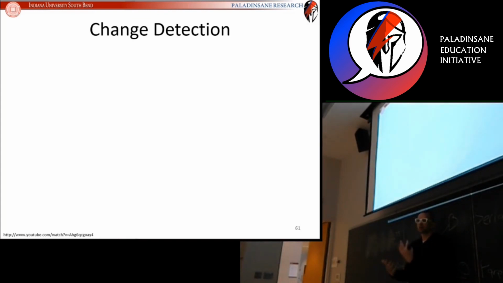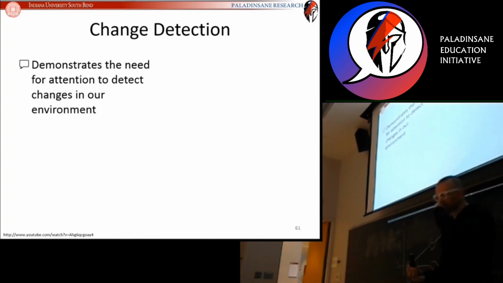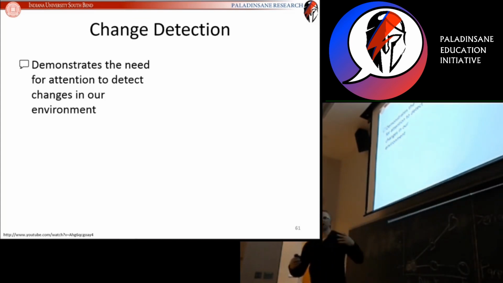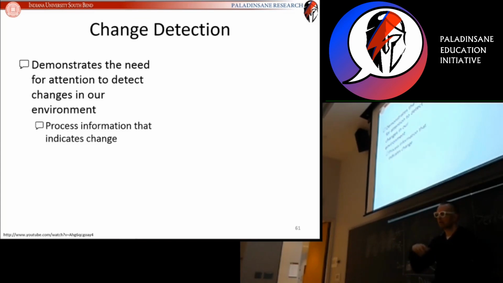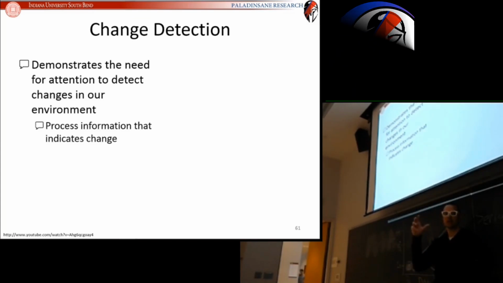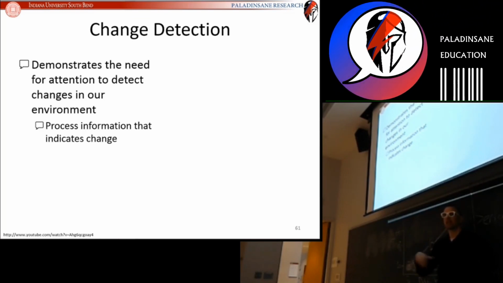We go through the world thinking that we're pretty much aware of everything that's going on, but when you take a look at studies like the ones in change detection, we see that we're really not that aware at all. So this is going to demonstrate how we can detect changes in our environment, the need for attention to detect these changes, and the need to specifically pay attention to information and process that information in order to indicate the change.